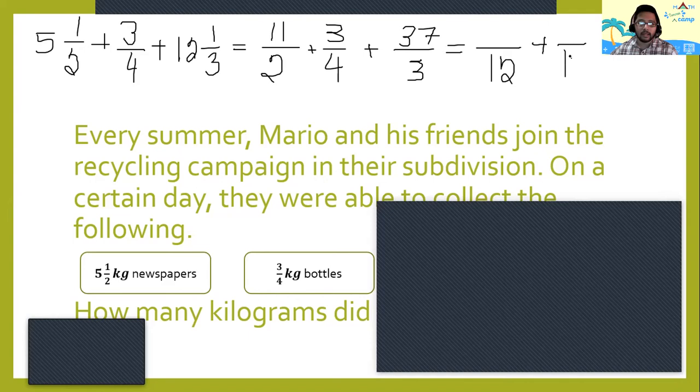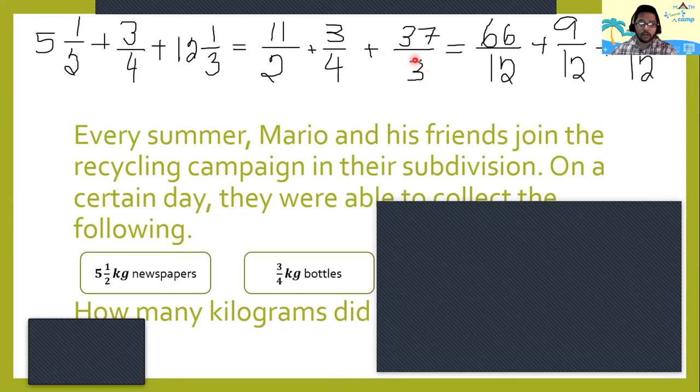Sige, 12, and 12, and then 12. Okay. 12 divided by 2 is 6. So 6 times 11, that's 66. 12 divided by 4, that's 3, times 3, 9. I hope nakaka-follow kayo. All I'm doing is this 12 divided by 3, that's 4.